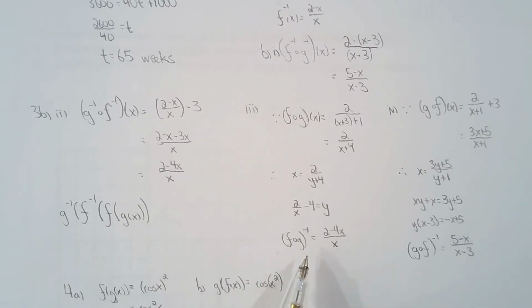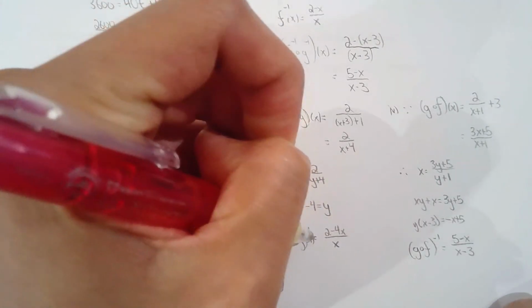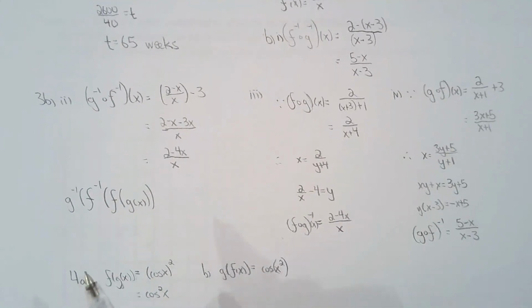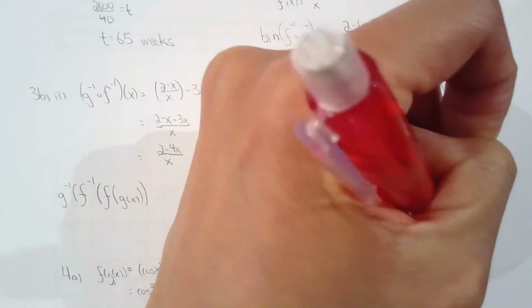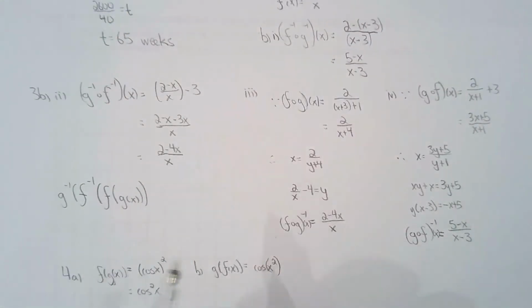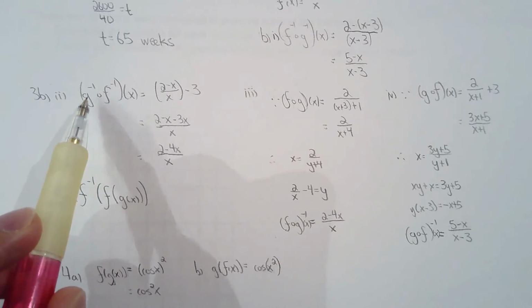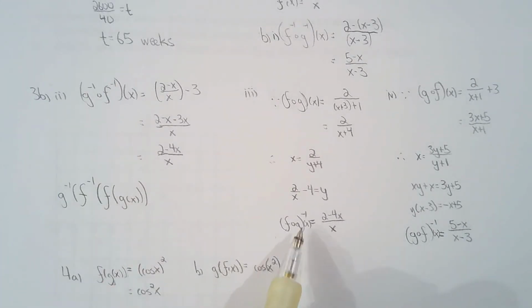I just realized I forgot my x over here. Let me just write that. So what I'm going to do is, oops, I forgot inverse. Okay, let's try again. I'm going to prove that inverse g circle inverse f is inverse of f circle g.